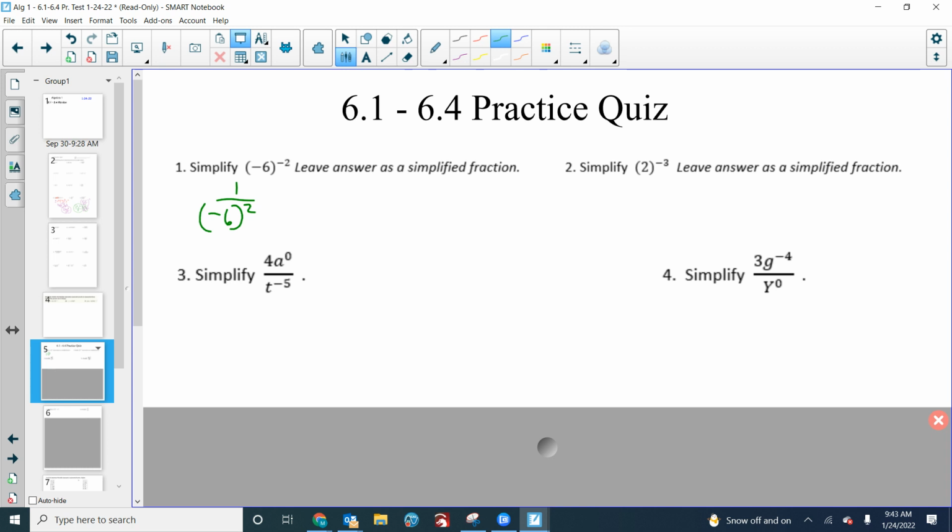What's -6 to the second power? Somebody help me out. Matt? It's -6 times -6. 36. Guys, you have to know powers by now. If you don't, you're in trouble.